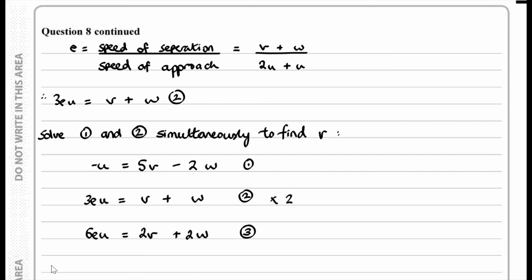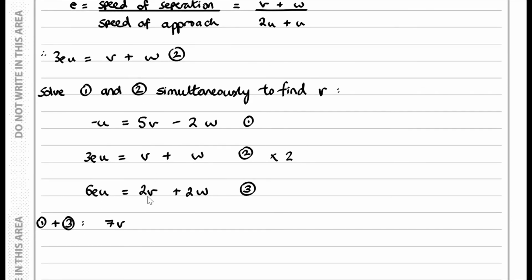Adding equation 1 and equation 3, we have 7v, because we have 5v plus 2v, equal to 6eu minus u. Factorizing out a u, we have u lots of 6e minus 1, and therefore v is equal to u over 7 lots of 6e minus 1.